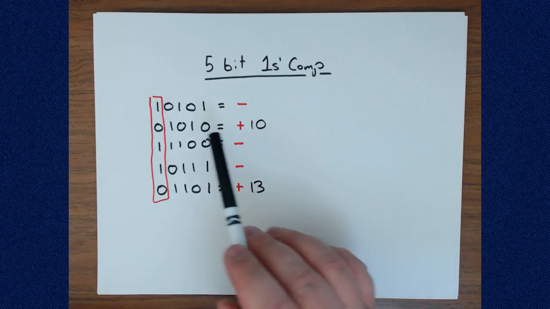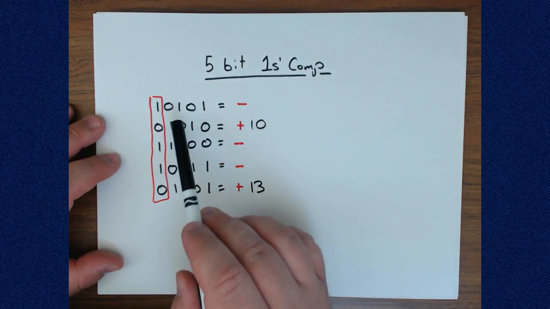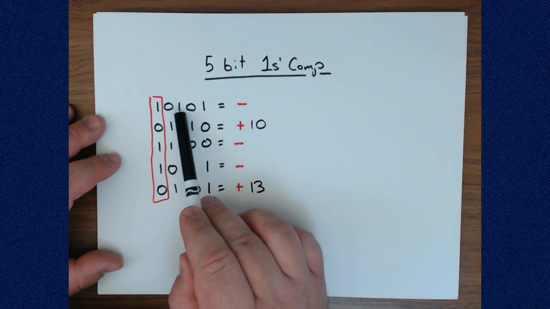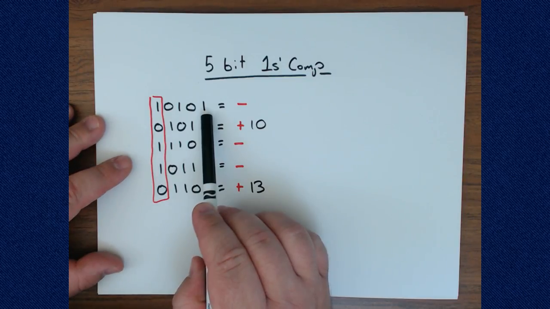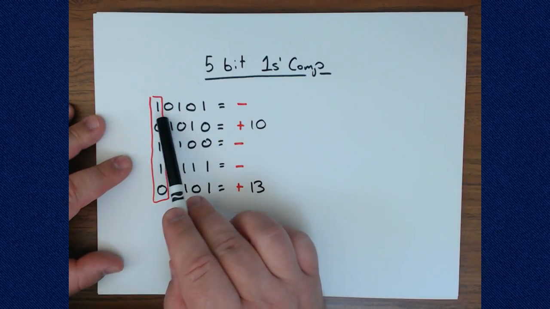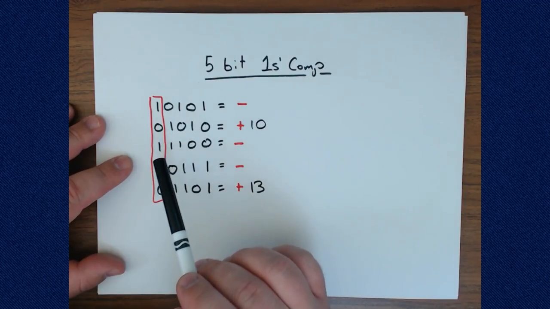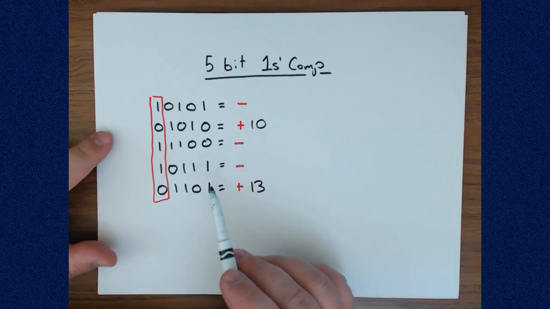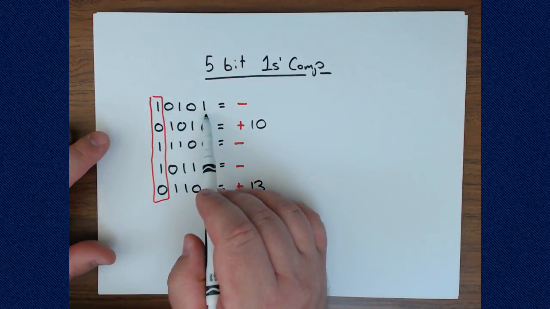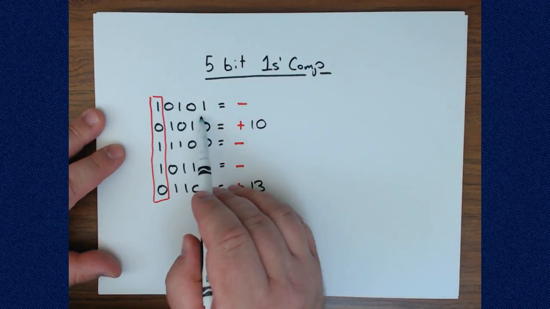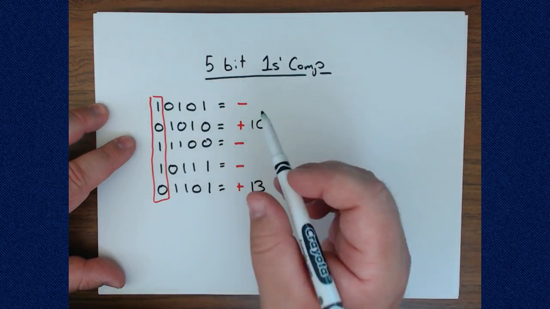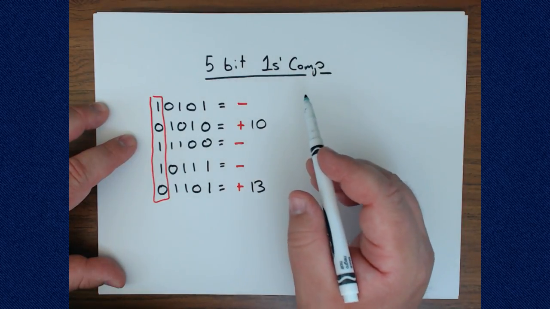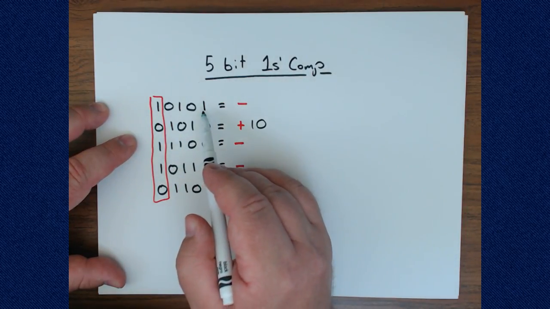However, for these other ones, it's not quite so obvious what this bit pattern represents, because at face value there's a 1 in the 4's bit and a 1 in the 1's bit, which seems like a 5. But this is not negative 5. If this were negative 5, this would have to be a sign magnitude representation, and it's not. It's a 1's complement representation. So the only way to interpret this is to actually negate this particular bit pattern. What we're really looking for is the negative of whatever the flipped bits here are.